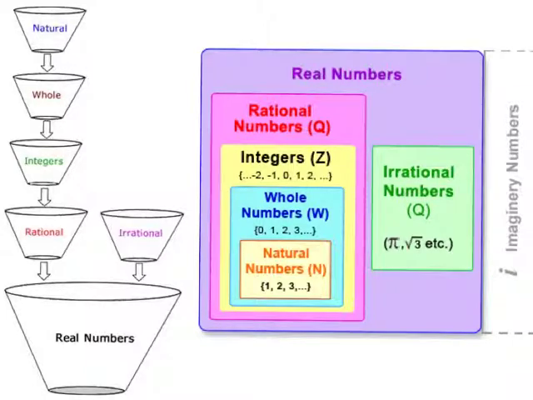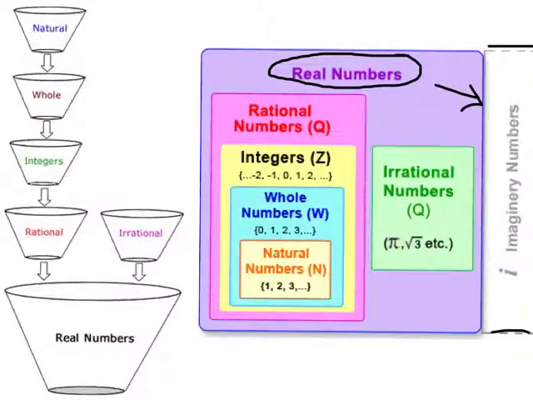All right, I found another couple of charts to help you visualize this. This chart has included the imaginary numbers that we talked about, and you can see maybe in this one a little bit more clearly. All of these are real numbers except for these imaginaries.